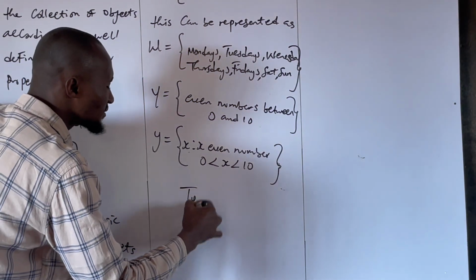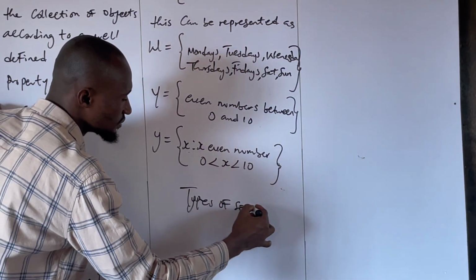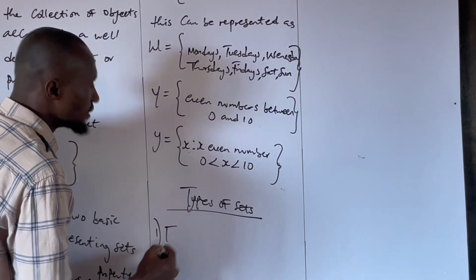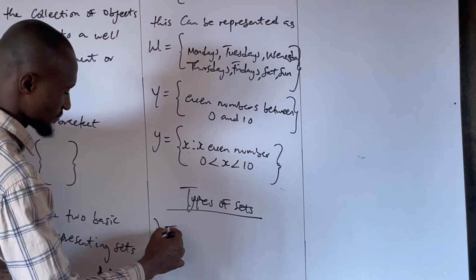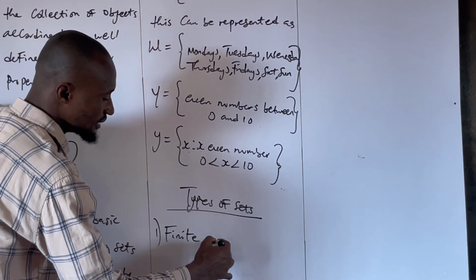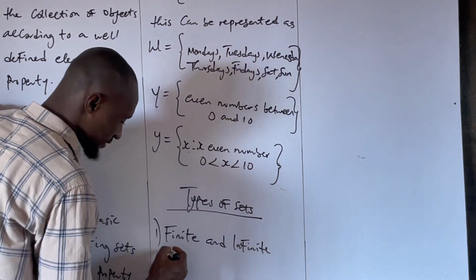Types of sets. Let's start with number one: finite and infinite sets.